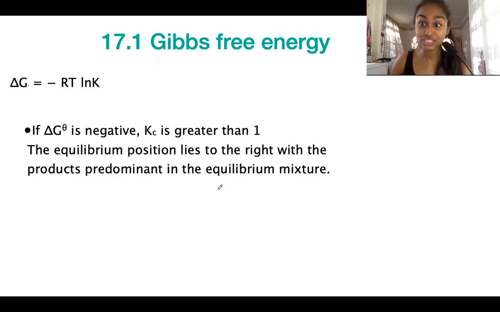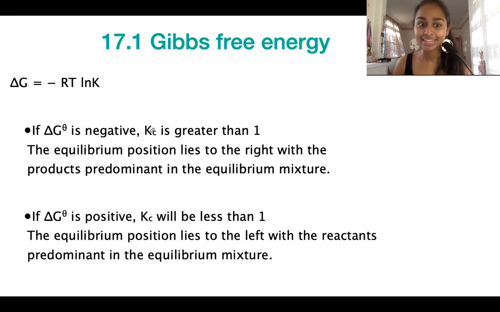So if delta G is negative, which means the reaction is spontaneous, Kc is going to be greater than 1, which tells us that the spontaneous reaction has produced lots of product, which makes sense. And so our Kc is going to be more than 1.